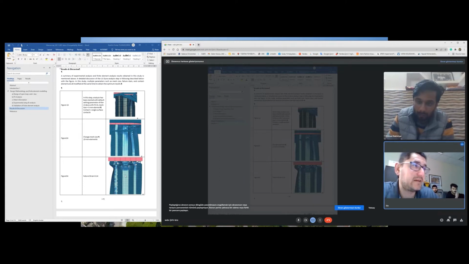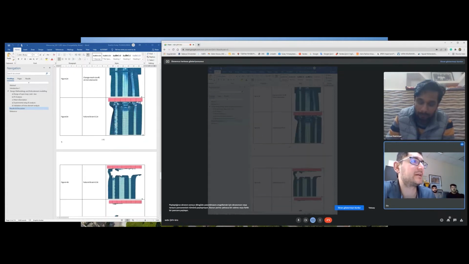Because of that, the edges are coming up earlier than the surfaces. I'm talking about the 0.2. But when you change it for the next step, let's look at it.